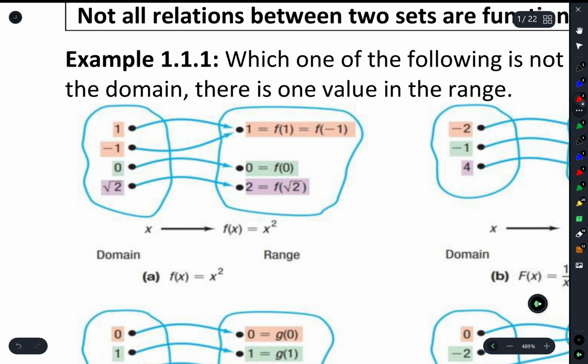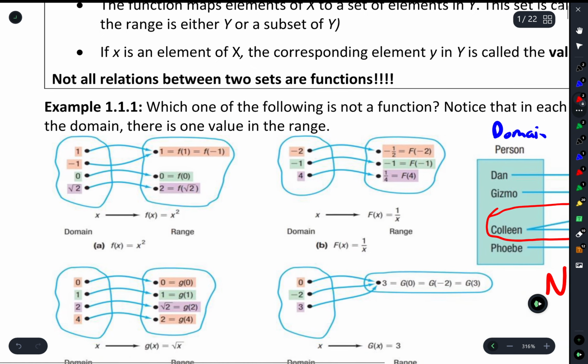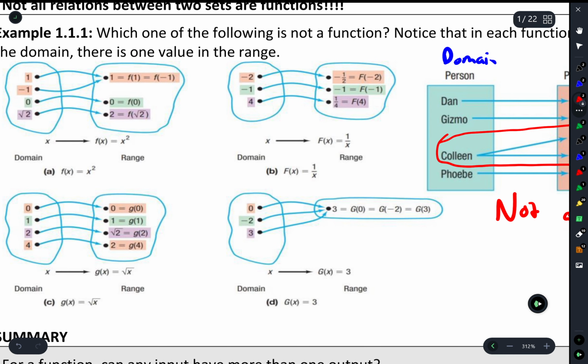So even though these two values are both being mapped to 1, this is only being mapped to one value, and this is also being mapped to one value. Same thing here. Each value in the domain is assigned to exactly one value.